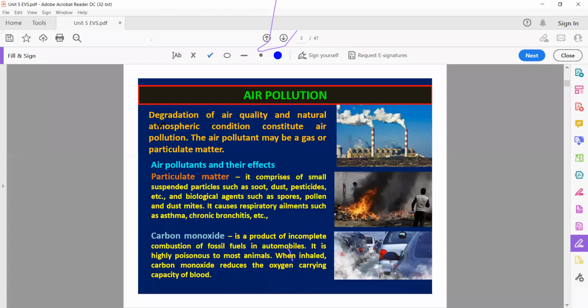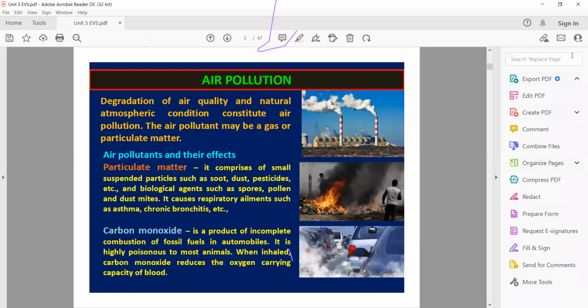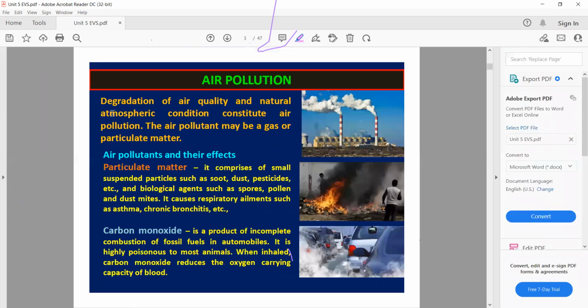So what is air pollution? Degradation of air quality and natural atmospheric condition constitutes air pollution. The air pollutant may be a gas or particulate matter.